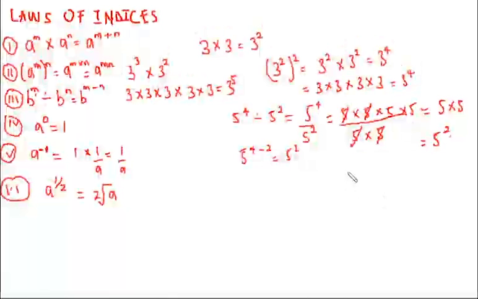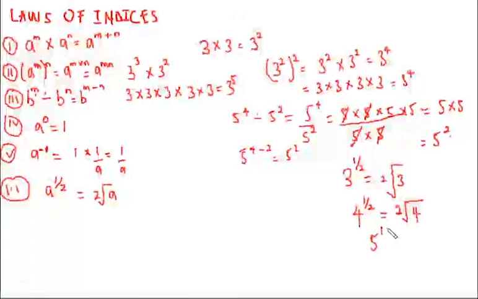So when I have, say, 3 raised to the power of 1 over 2, I should just simply take the square root of 3. Or say I have 4 to the power of 1 over 2, I should simply just take the square root of 4. Or say I have 5 to the power of 1 over 3, I should simply just take the cube root of 5.